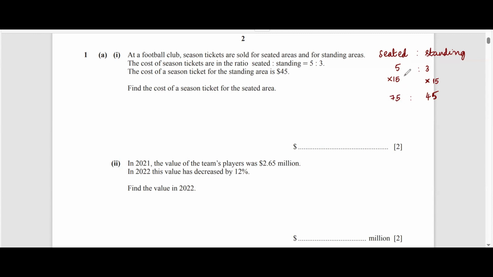So that makes sense. Seated will be $75 and standing will be 45. When you simplify this into lowest terms, you will get it back as 5:3. So the question was to find out the cost of a season ticket. That will be $75.